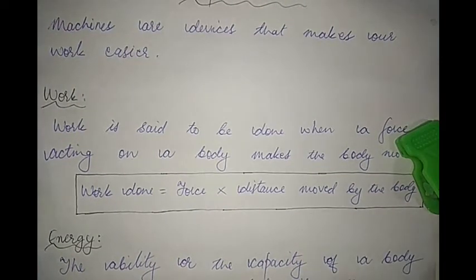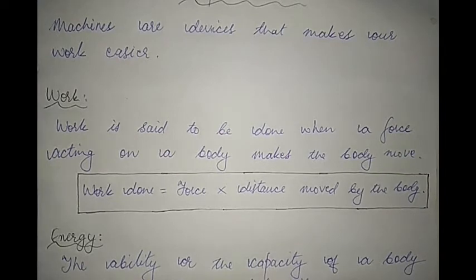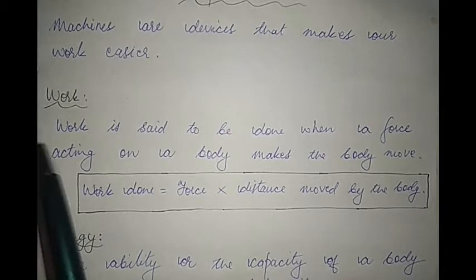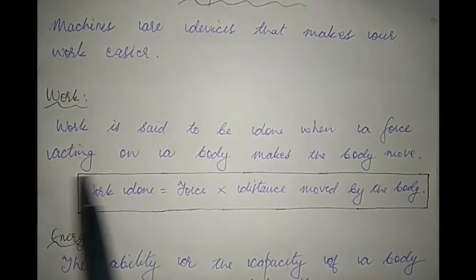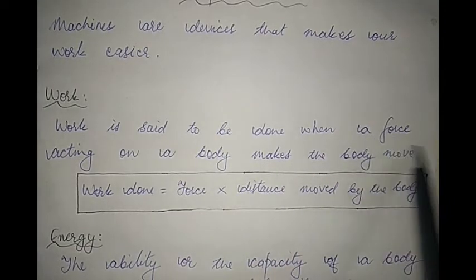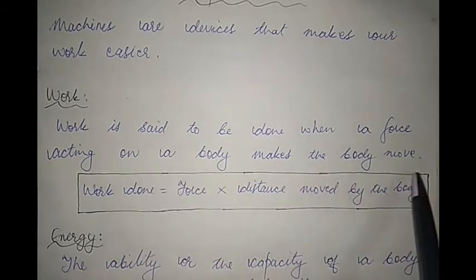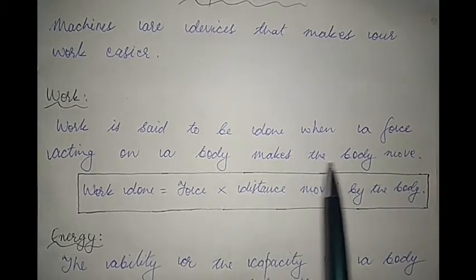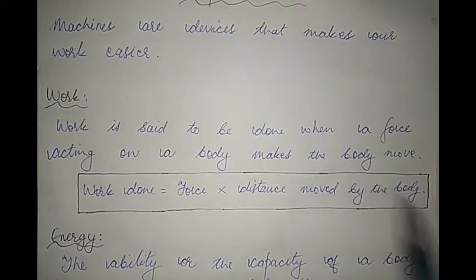And there is some movement of the body. So if there is force acting on a body and there is some movement of the body produced, then we say work is done. And thereby we define work as: work is said to be done when a force acting on a body makes the body move. So remember, we say work is done when two conditions are fulfilled. There has to be a force acting on the body and there has to be movement produced in the body.